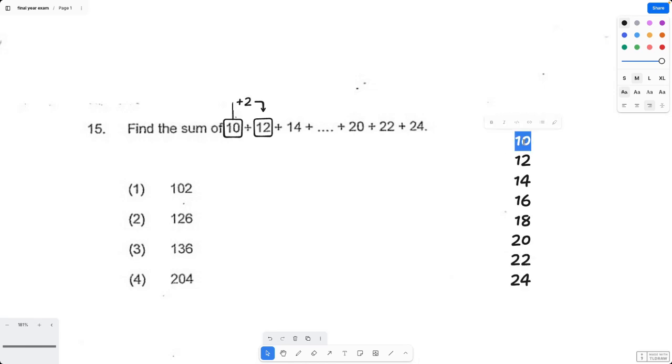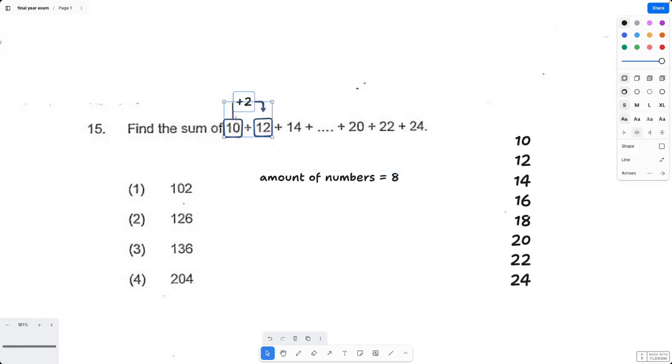So 1, 2, 3, 4, 5, 6, 7, and 8. So the amount of numbers in this case is equal to 8. We have 8 numbers.